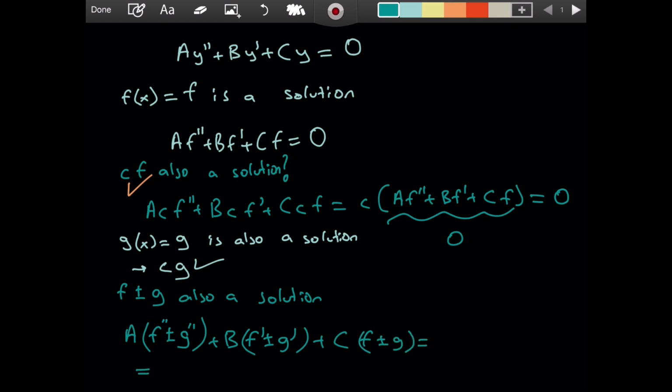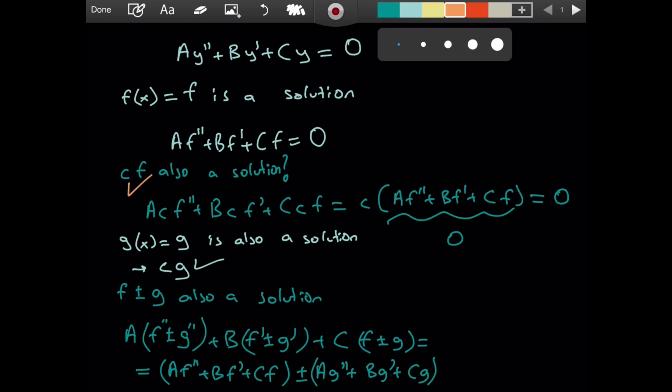Now, does this equal 0? Well, look at this. If I distribute the parentheses, I will have a f double prime plus b f prime plus c f. This is the first term, and then plus or minus a g double prime plus b g prime plus c g.